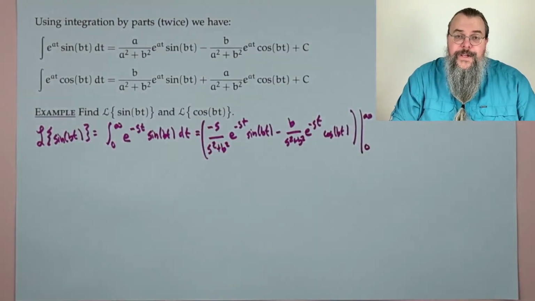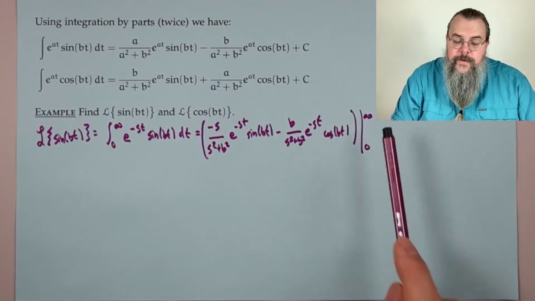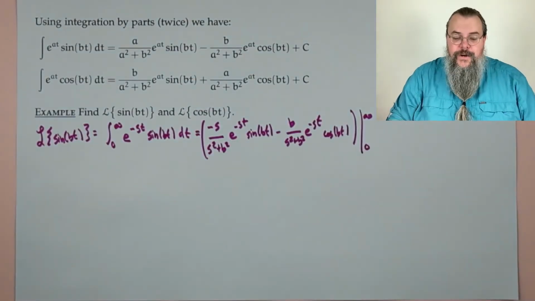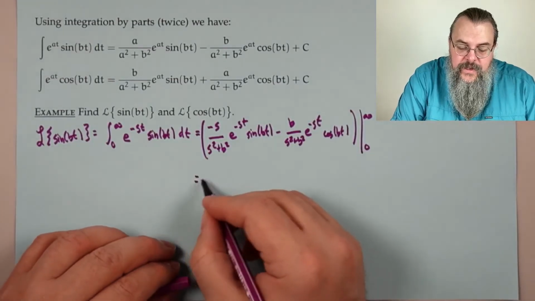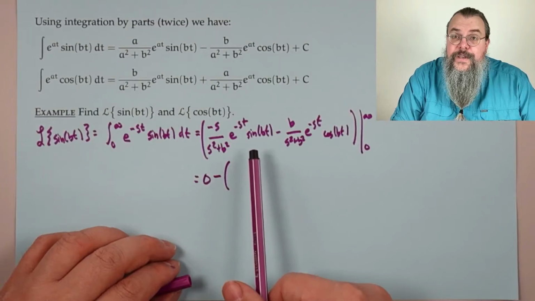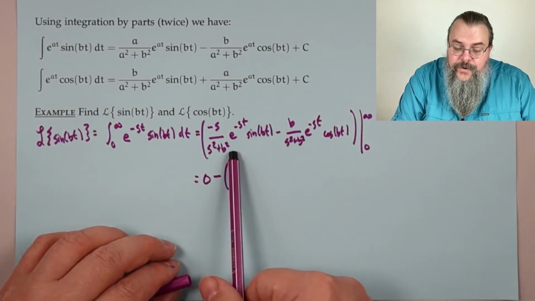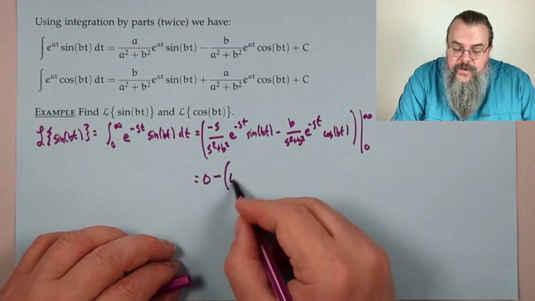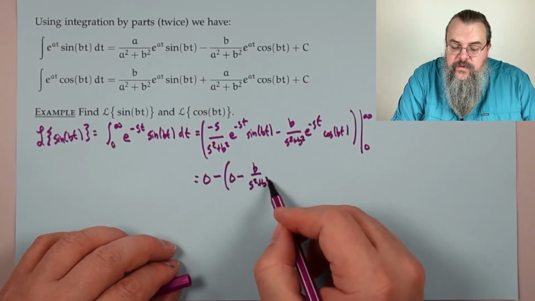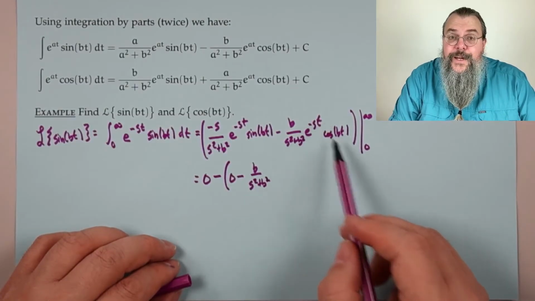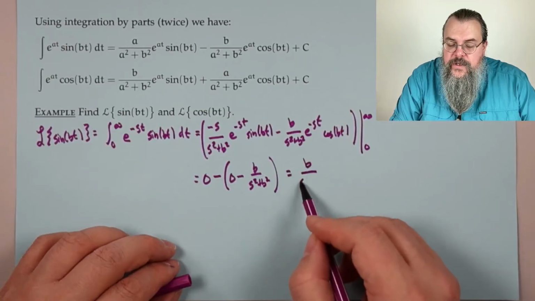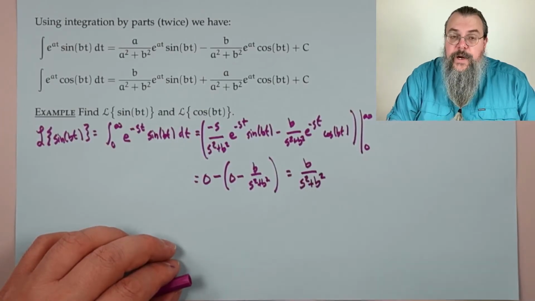Well, now at infinity, the exponential terms push you down to 0, so we get 0. Subtract. Now, when you plug in 0, sine of 0 is 0, so that part goes away. So you're going to have 0 minus, well, here you have b over s squared plus b squared. e to the 0 and cosine of 0 are 1. And we end up with b over s squared plus b squared.